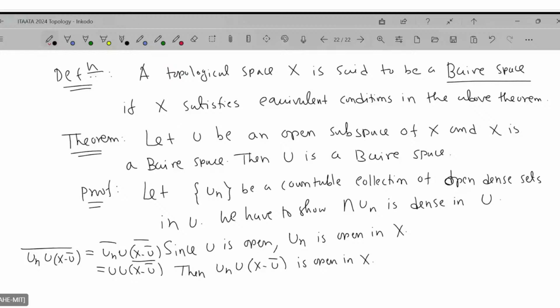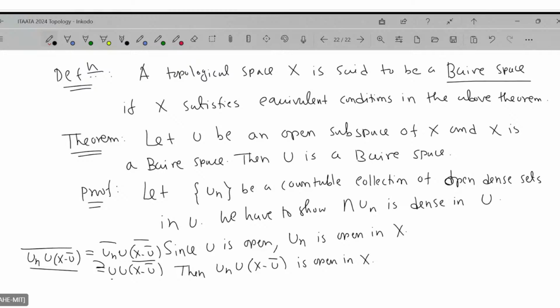Closure. It will contain U at least. Un closure obviously definitely contains U. It is containing U, and so it will be dense. So this is containing U, that's fine. One thing.